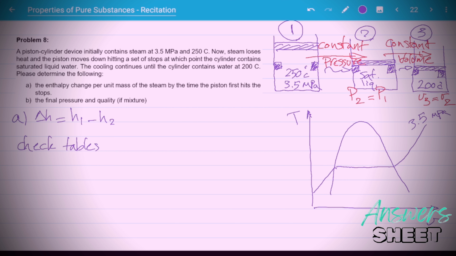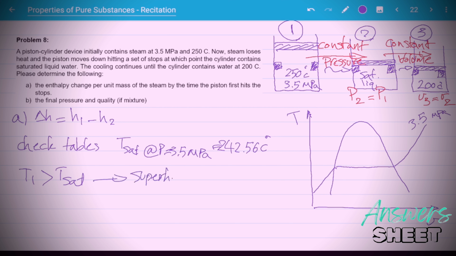The saturation temperature for the pressure of 3.5 megapascals is actually 242.56 degrees Celsius, right? But our current temperature is 250. So our temperature is larger than our saturation temperature, which means we are dealing with a superheated scenario. Saturation temperature was 242, but we are dealing with 250. So here is our initial state, superheated.